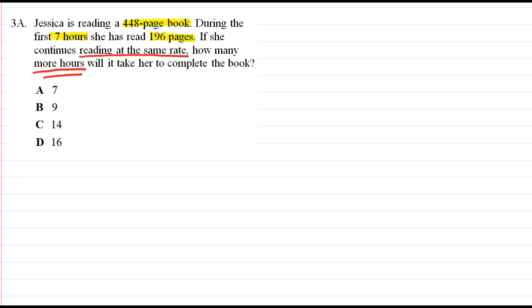So a couple different ways you could solve this problem is if she has to read 448 pages and she's already read 196, how many more pages does she need to read? So we just subtract these two numbers.